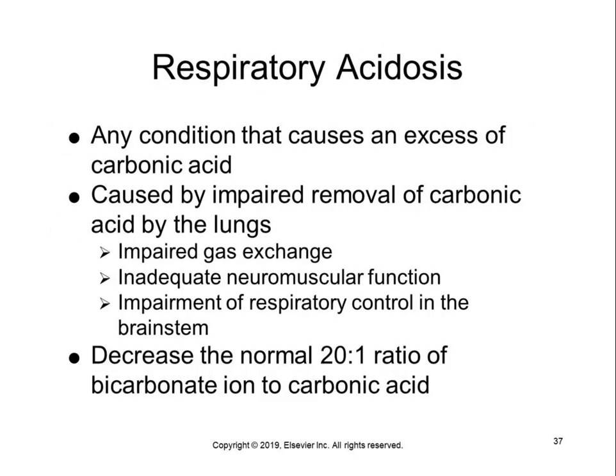Respiratory acidosis: any condition that causes an excess of carbonic acid, caused by impaired removal of carbonic acid by the lungs, impaired gas exchange, inadequate neuromuscular function, or impaired respiratory control in the brainstem, decreasing the normal 20:1 ratio of bicarbonate ion to carbonic acid.